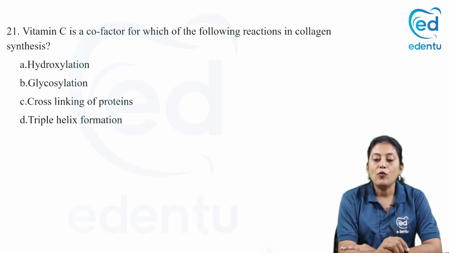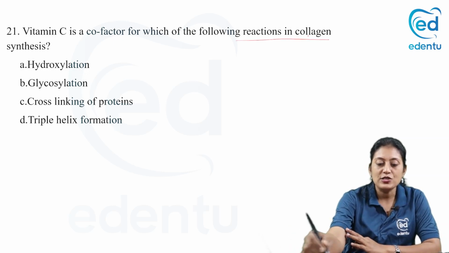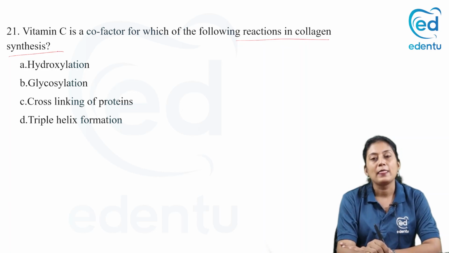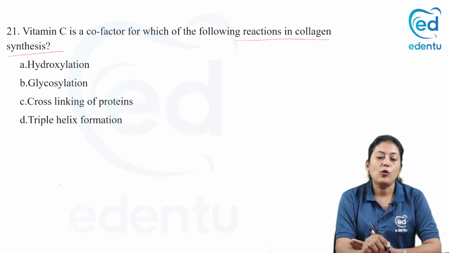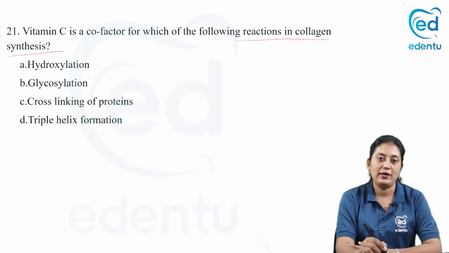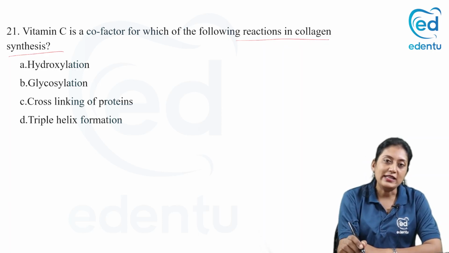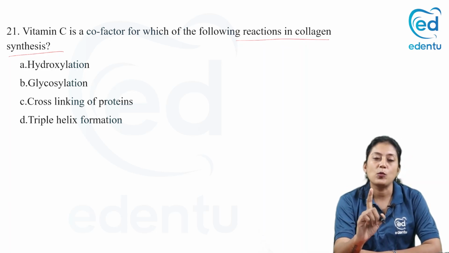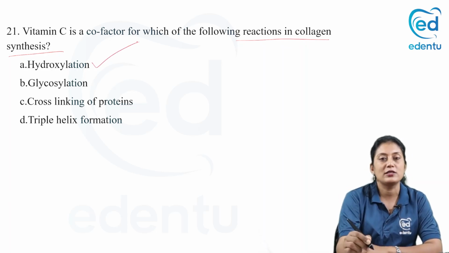Vitamin C is a cofactor for which of the following reaction in collagen synthesis? So, when collagen is formed by fibroblast, you have a lot of cofactors for various enzymatic reactions happening here. So, for this, vitamin C is acting as a cofactor for one reaction. The answer is hydroxylation.